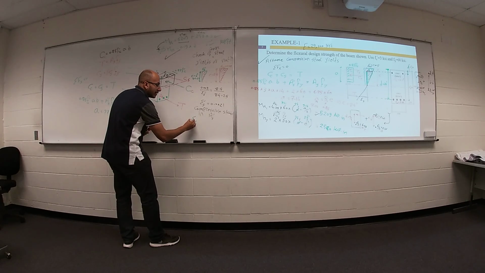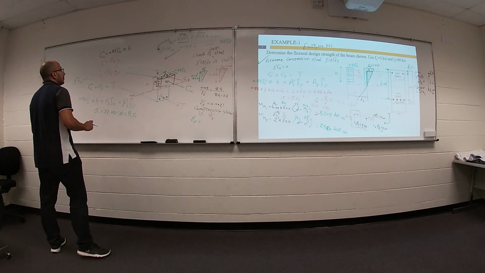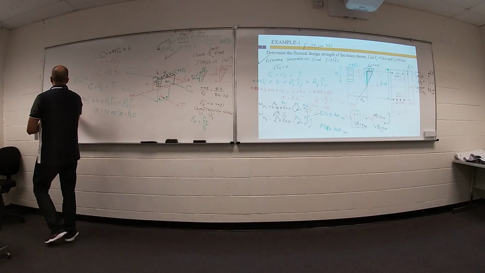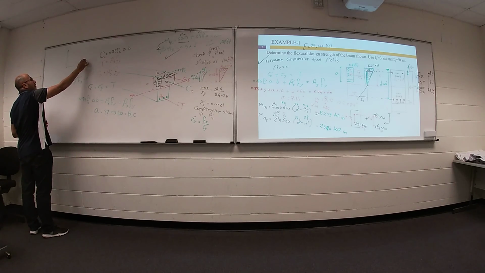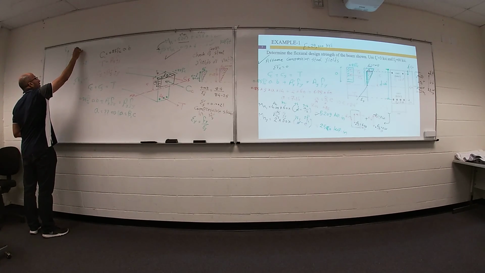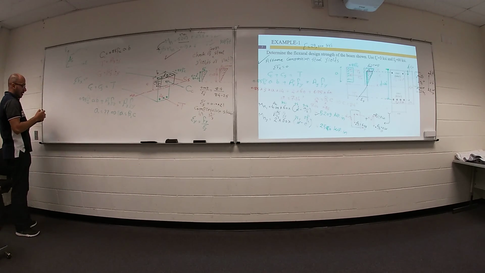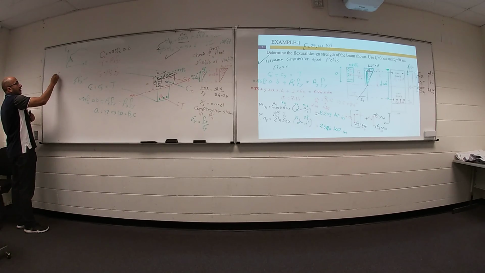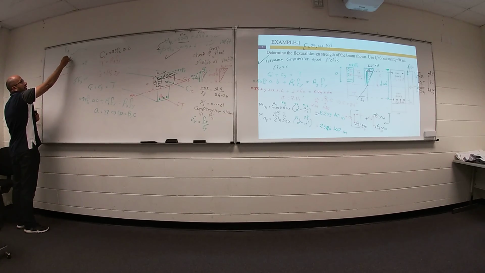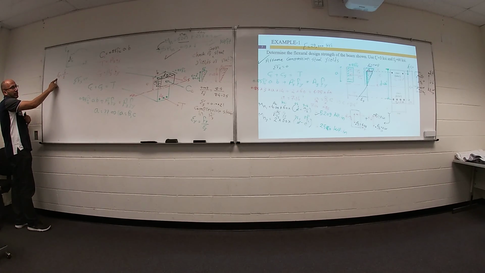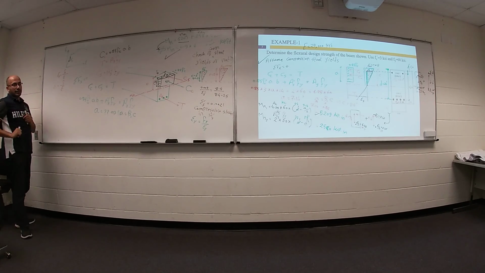What is the value of epsilon yield? Epsilon yield equals f yield divided by E steel. If you go back to your stress strain curve, the slope of this relationship is called E steel. E steel equals slope, meaning the opposite f divided by the adjacent epsilon. So stress divided by strain gives you the Young's modulus. If you need strain, it equals your stress divided by Young's modulus.